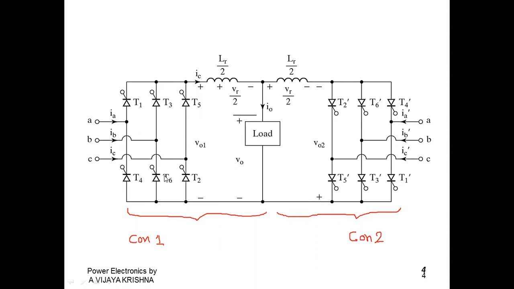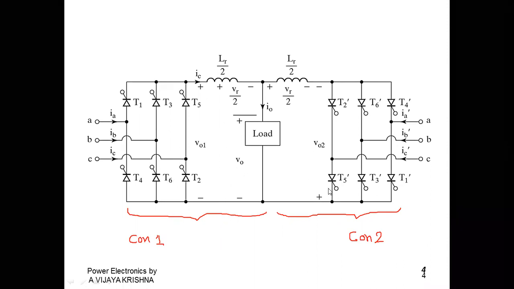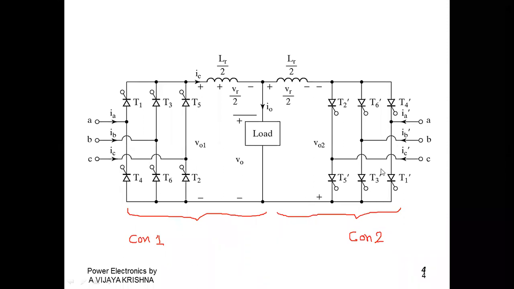By using the converter 2 operation, there is a possibility of second and third quadrant operation. Thereby, total four quadrant operation is possible by using this dual converter.